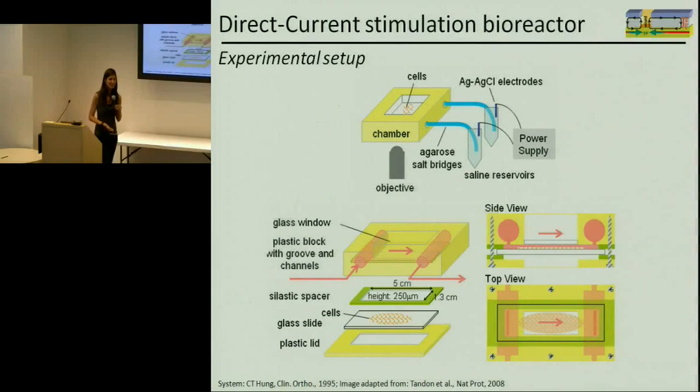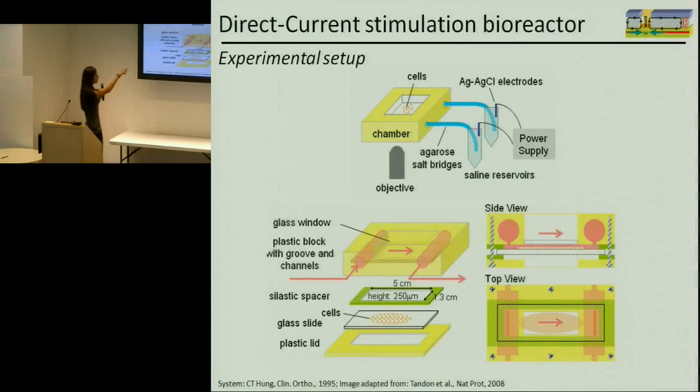And direct current systems are really difficult to build because they're long duration signals. So anything longer than 2 or 5 milliseconds is long in the body, right? And so what we have to do here is find a way to shield the cells, which are grown in that chamber up in the top, from any of the chemical reactions that have to take place in order to generate ions from electrons in that saline solution.